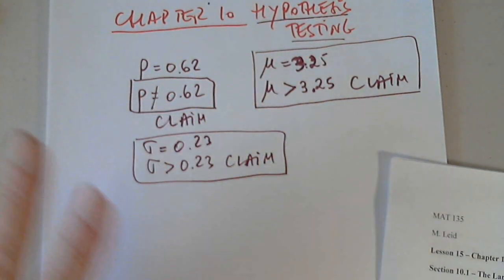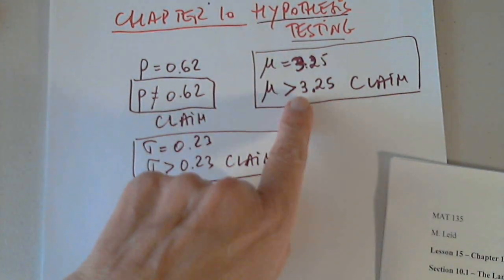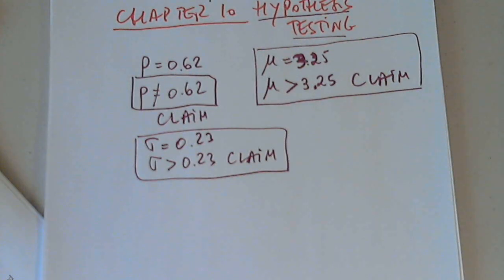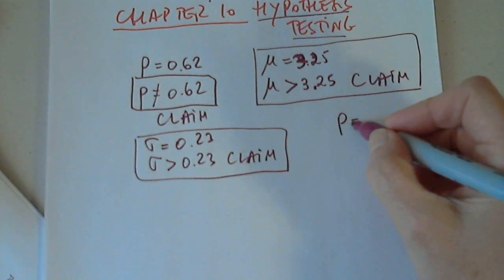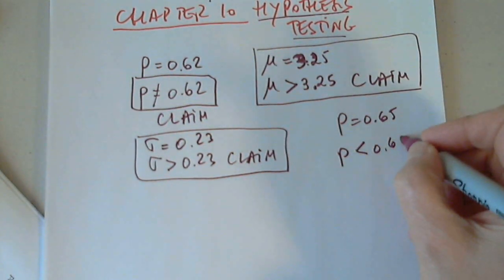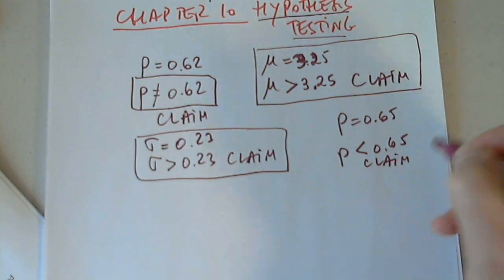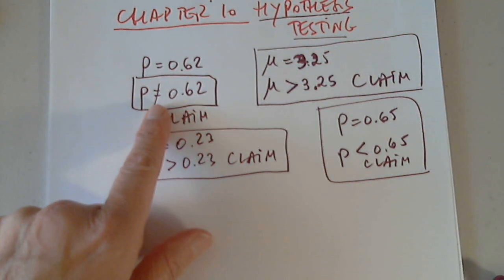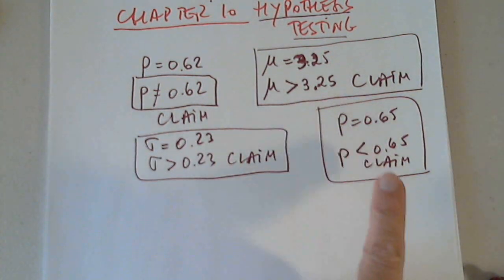This says not the same, and these two say greater than. What if they said less than for any of these? Then I would have had p equals 0.65, for example, and p less than 0.65. This could have been the claim now. Notice that there are three different types: not equal to, greater than, or less than.